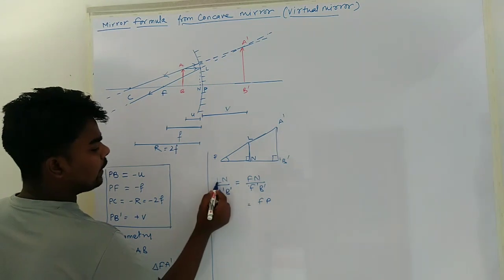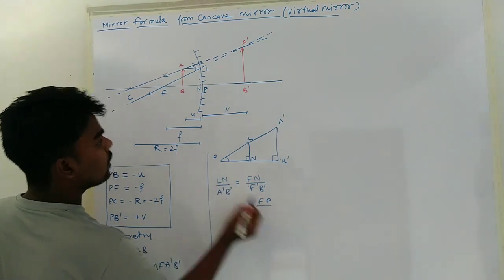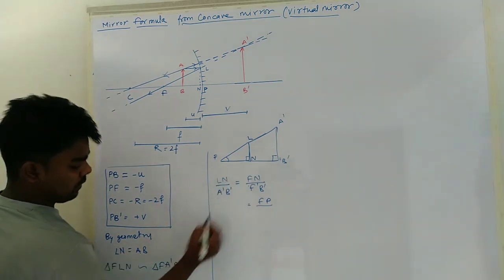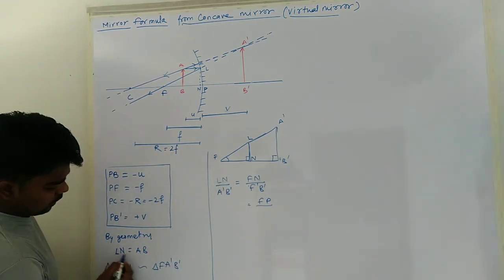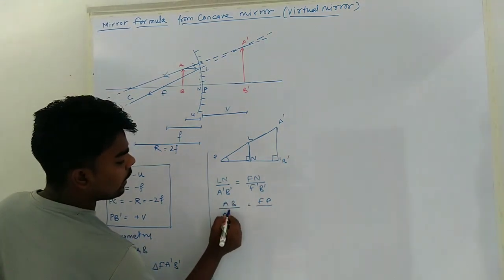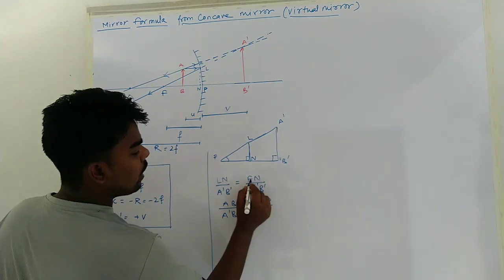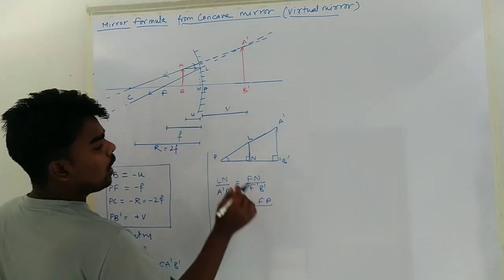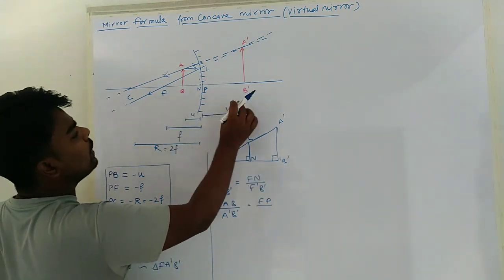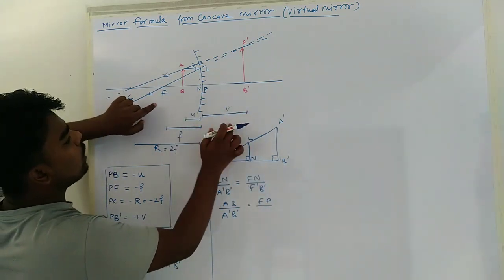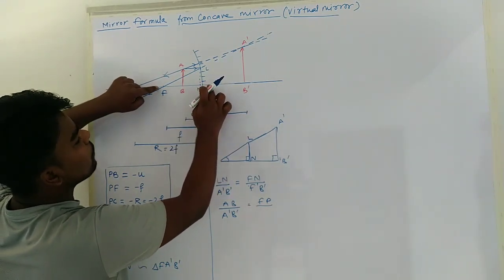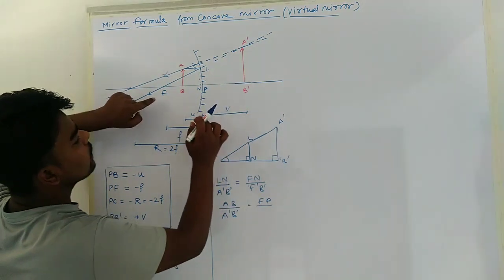Then LN we can write as AB. So AB upon A'B' is equal to FP upon FB'. We have to write FB' in terms of these values, so FB' we can write as FP plus PB'.